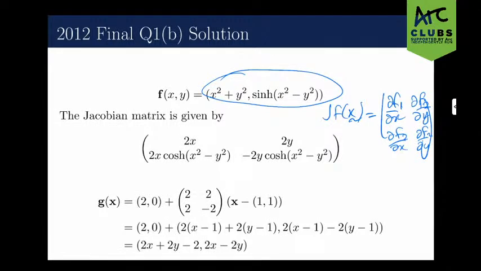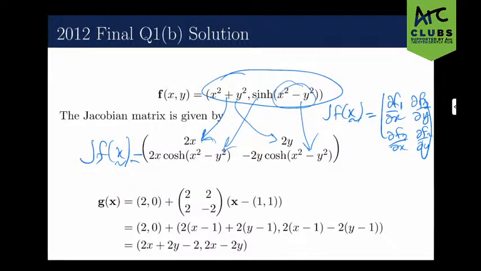So I differentiate this with a partial derivative with respect to x, a partial with respect to y, a partial with respect to x, a partial with respect to y. In this case, I'm using the chain rule. Just differentiate sinh and get cosh, and then multiply by the derivative with respect to x, which is 2x. So I get the Jacobian. So this is that.